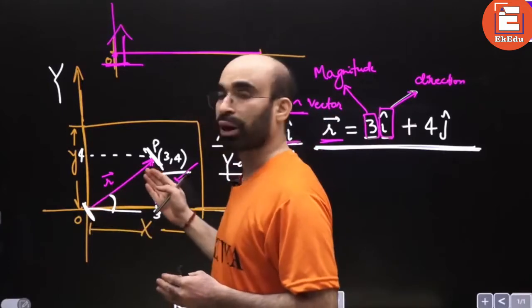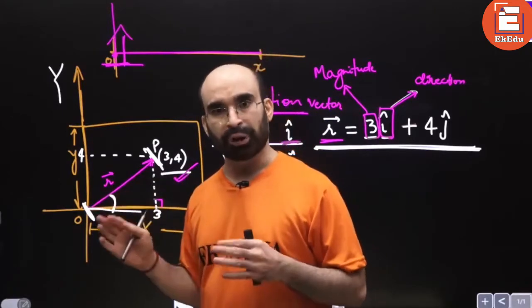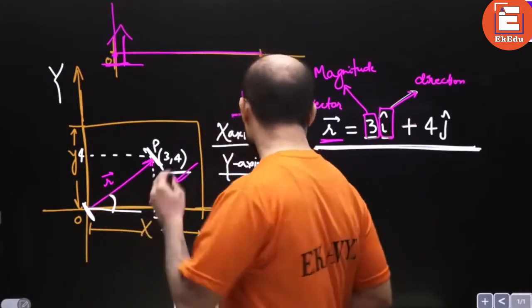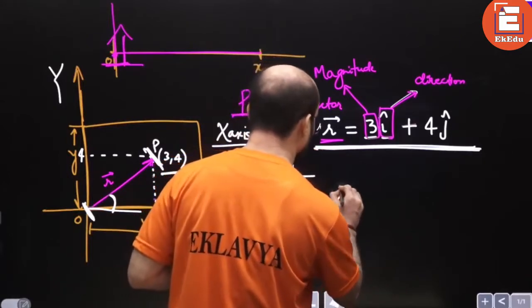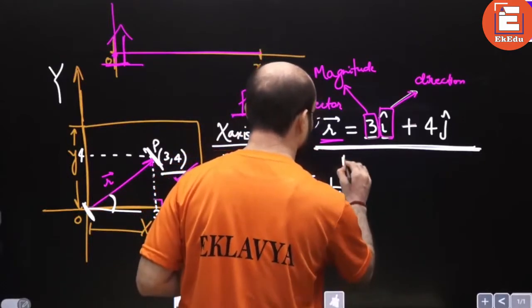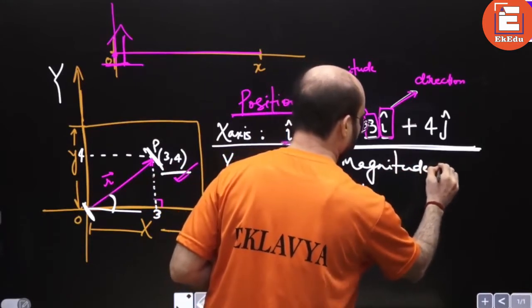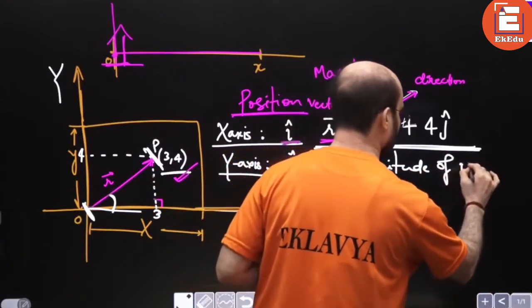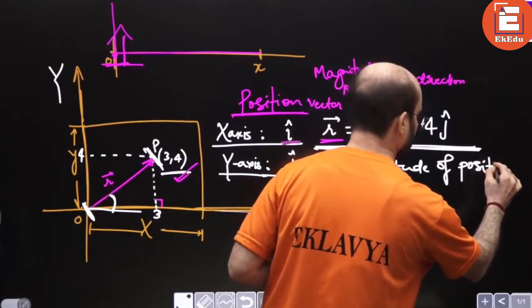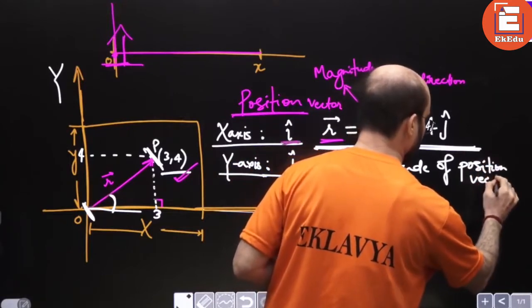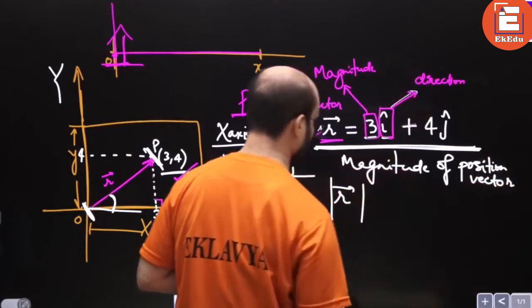How far you are from this? So what is the magnitude of the position vector?